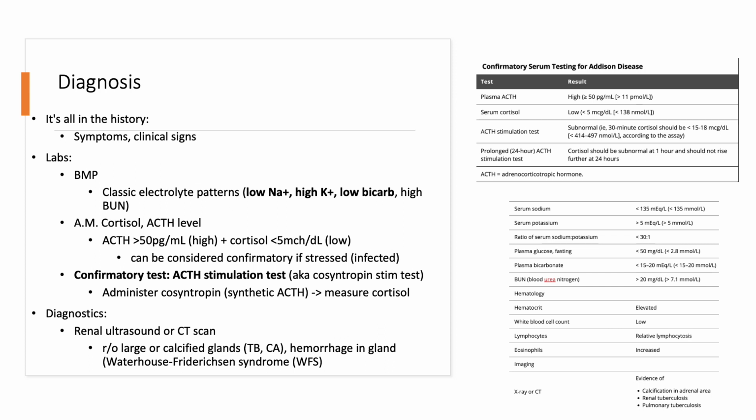So outpatient-wise, if you have a borderline result, you can do an ACTH stimulation test where you give synthetic ACTH. We just say let's do a stim test is usually what we say in the ICU. And then you measure your cortisol at hourly intervals. If they return less than 20, they should have a change in their cortisol level if they're stressed.